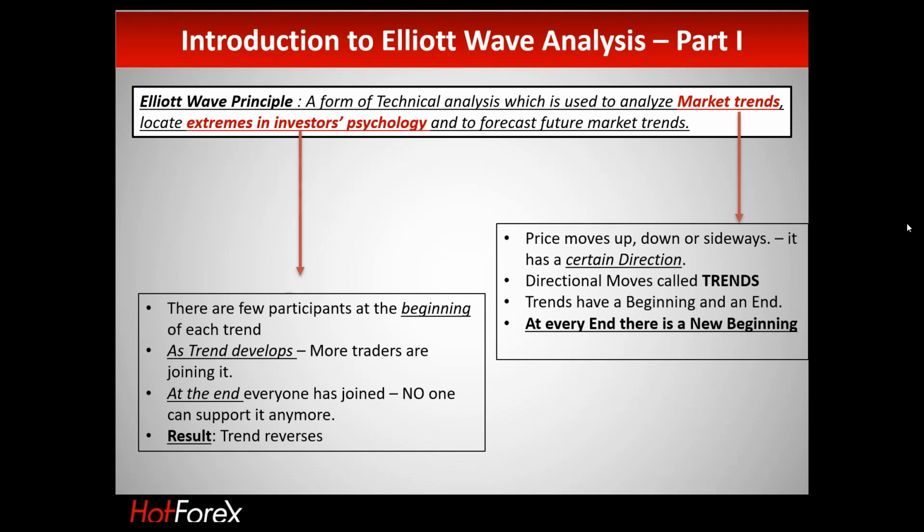So what does that cause? If the majority of the investors are already in, they are sharing the same opinion. If we're in an uptrend, almost the majority of the investors are saying, oh yes, we are going upwards. We have the same opinion. We are in agreement. But if the majority share the same opinion about the market, and the opinion is that the trend has just begun and will last forever, ironically, when everyone has already joined the trend, there is no one left to support it, right?